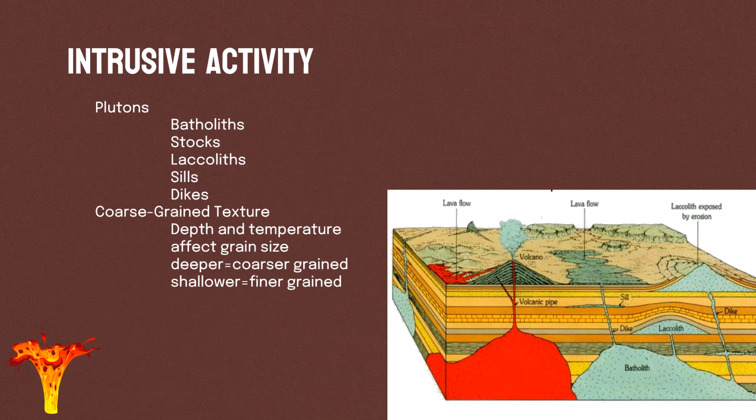Now, if the magma or lava is solidifying very close to the surface of the earth, so outside of the volcano or just at the very tip of the crust, then it's going to have finer grained texture.